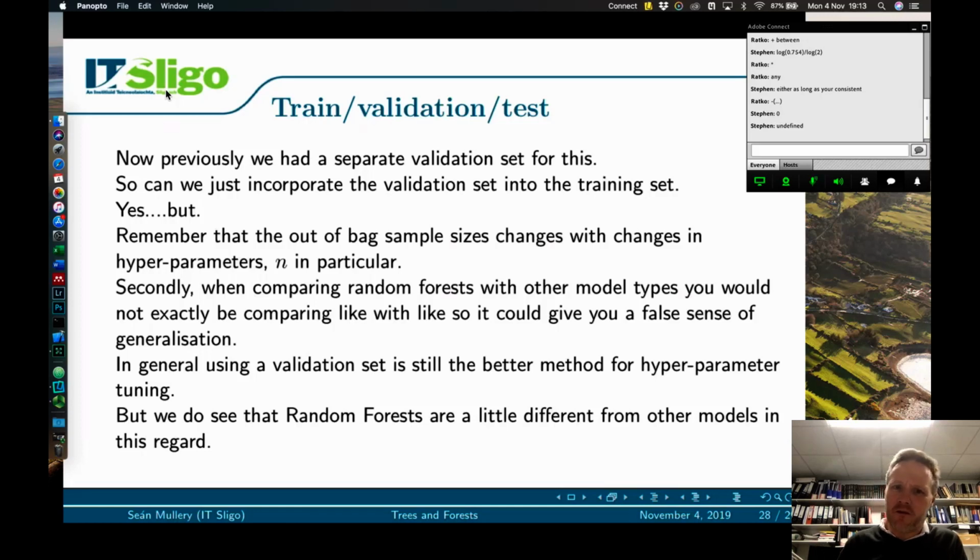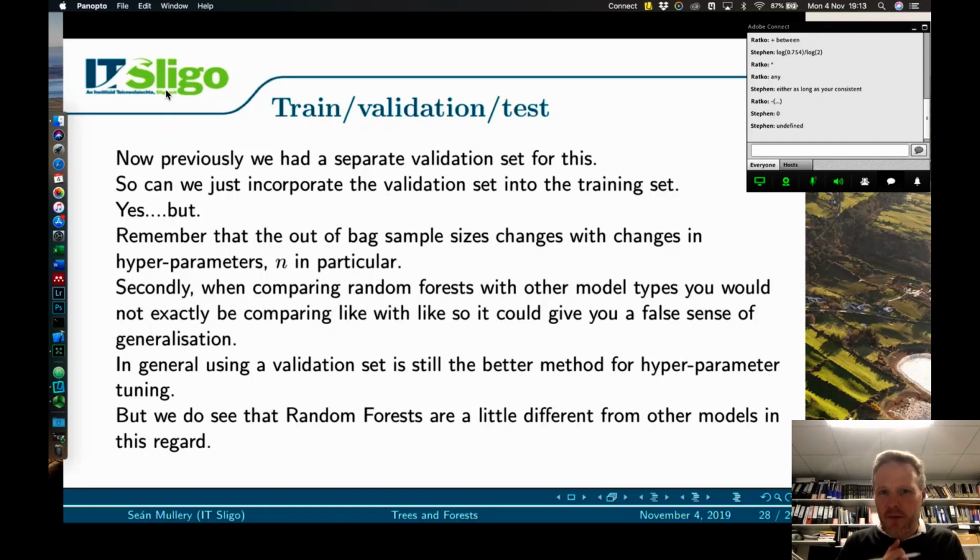Remember that the out-of-bag sample size changes with the hyperparameters. Depending on what value you pick for n, and remember it's those values you're trying to pick, they change how big the out-of-bag size is, and therefore the effect of the validation size.